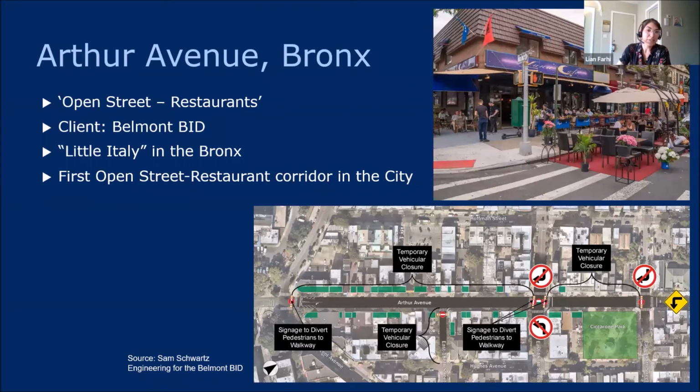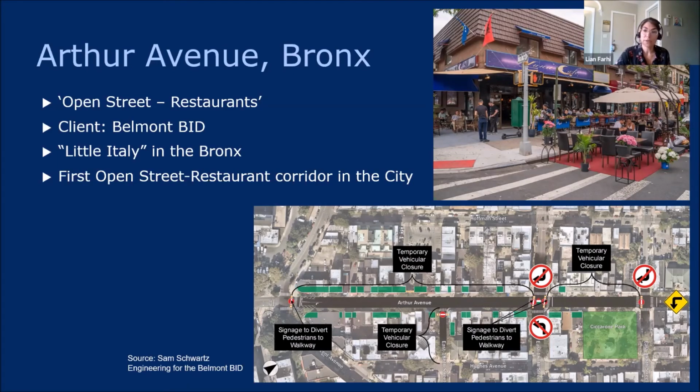Next example is actually from New York, and this is the first open street restaurant that was implemented in the city. We worked with the local BID, Business Improvement District. This area is known to be Little Italy in the Bronx. There is a corridor with many establishments, mostly restaurants, that are very active and really needed the outdoor space.